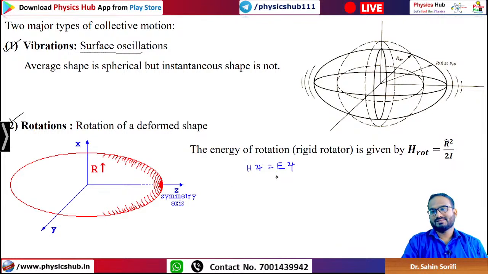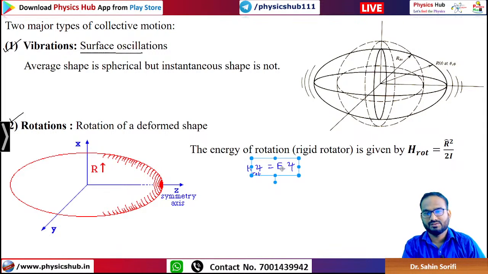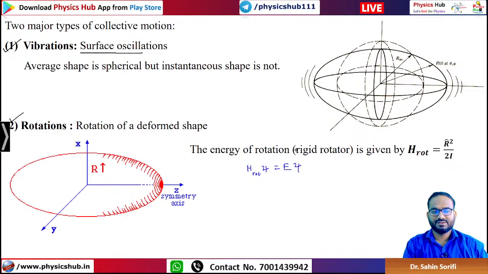So let us write it in this form: H rotational of psi is equal to E psi. This is your Schrodinger equation, although we have not discussed quantum mechanics yet, but you know it. So we can solve this Schrodinger equation.